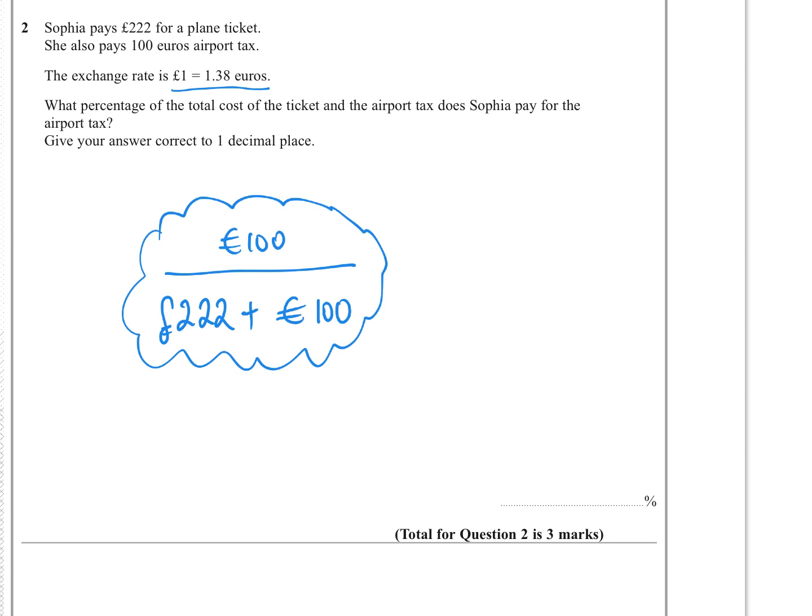into a percentage. So if you see what I'm doing here, 100, that's in euros, and that's for the airport tax, and I'm just going to convert this £222 into euros.